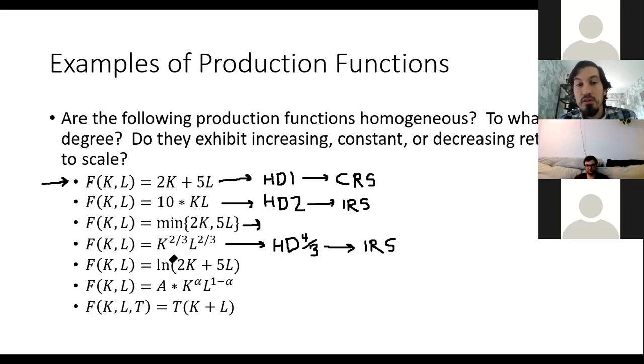However, when you put capital and labor together, they actually do a lot for you. They grow by a factor of 4/3, which is greater than 1, because when capital and labor together have this homogeneity factor of 4/3, it actually has increasing returns to scale.